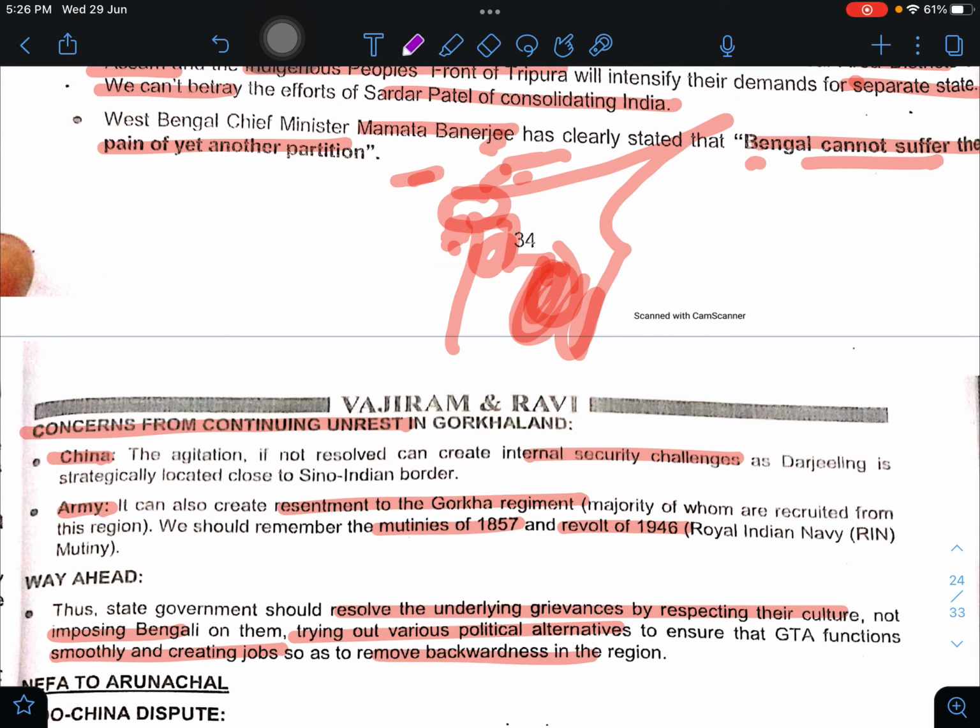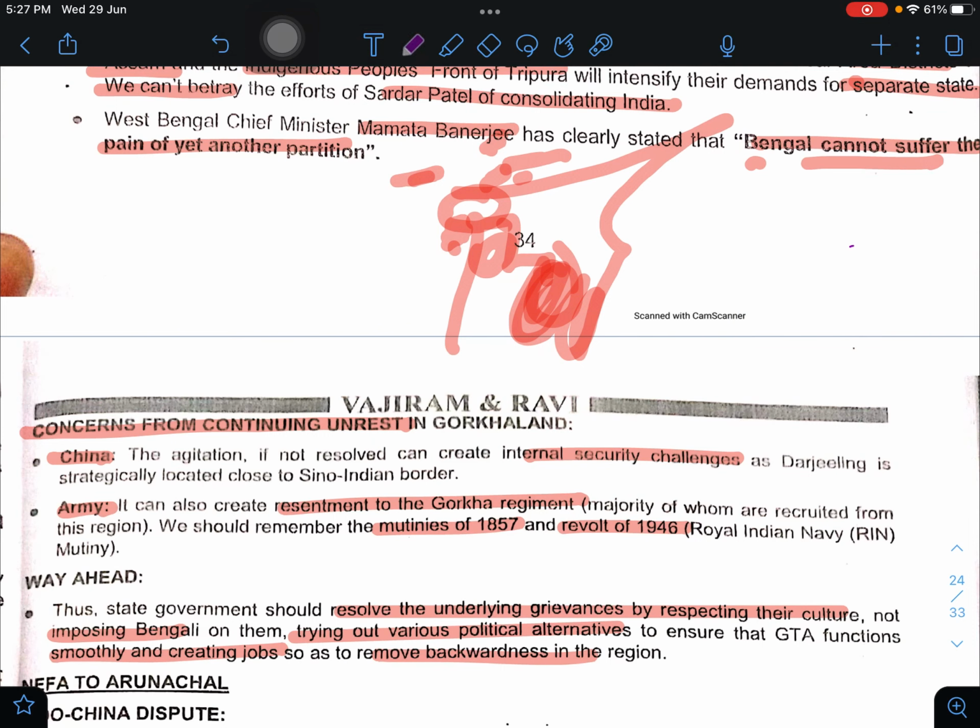If I draw the map once again, Bihar is like this and West Bengal like this, so Bihar also converges here. On the top you have Sikkim, West Bengal, then Assam. So there is geographical and boundary flux. Every boundary is here, so that's why it is very sensitive.